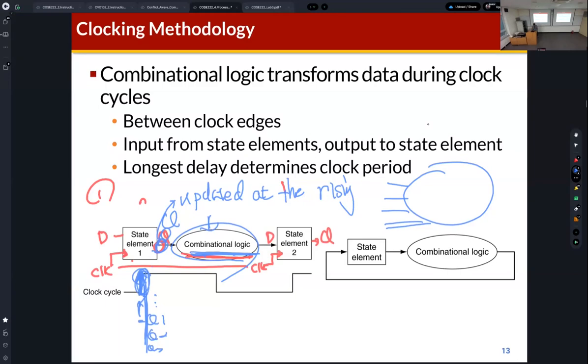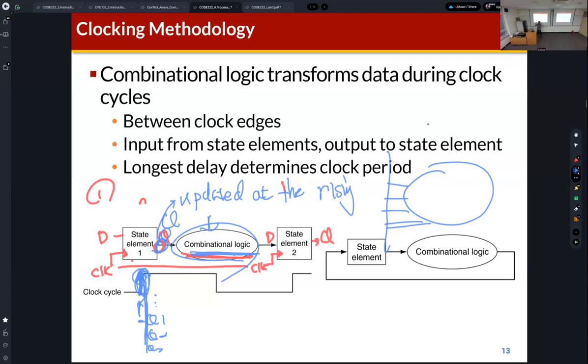Okay. So it is stabilized at the same time. Okay, you understand? So this is called synchronization. It's the same kind of thing as synchronization.